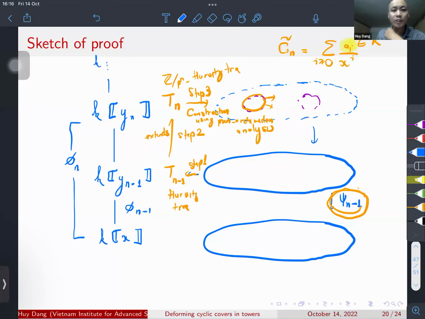Is that the question? Do you want to? Yeah. So for the infinite towers, of course we can do the process for finitely many steps. Yeah, that's a good question.